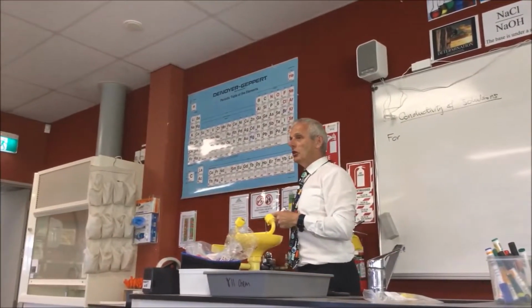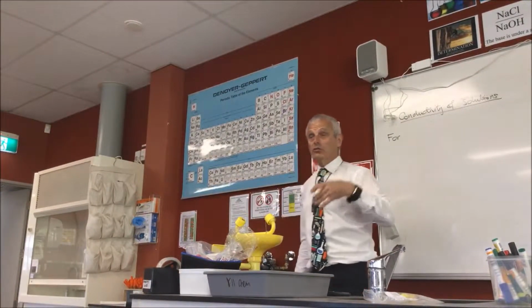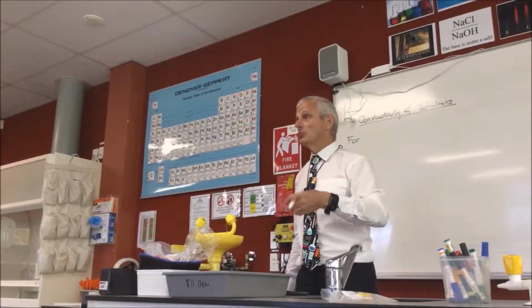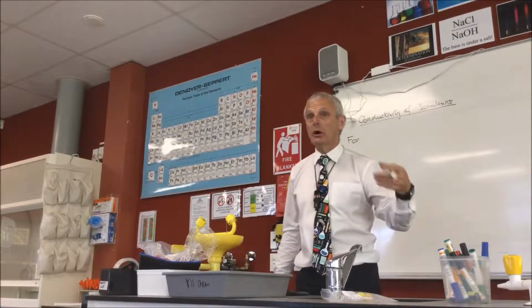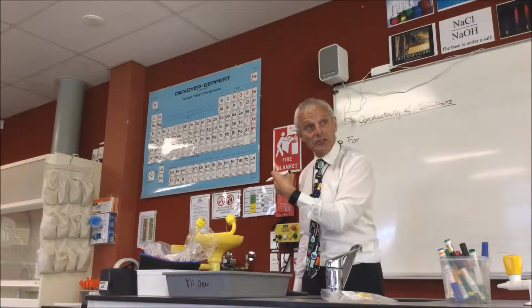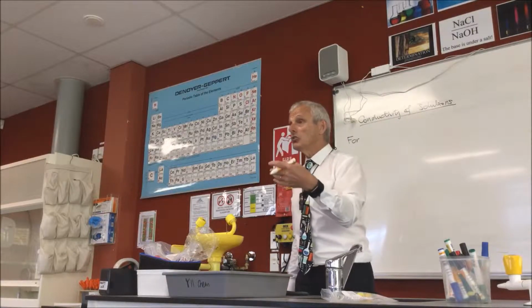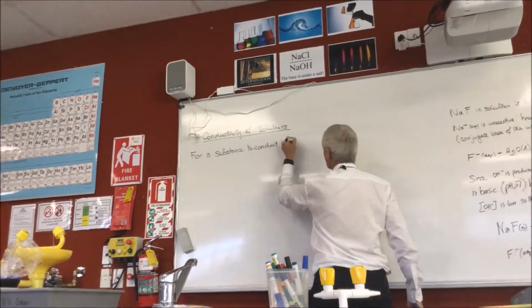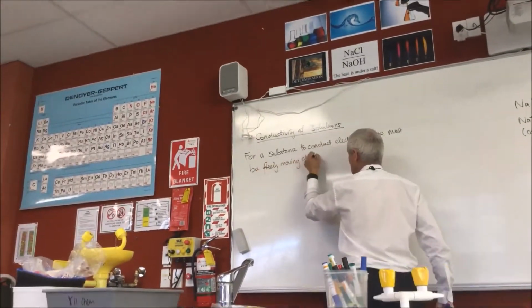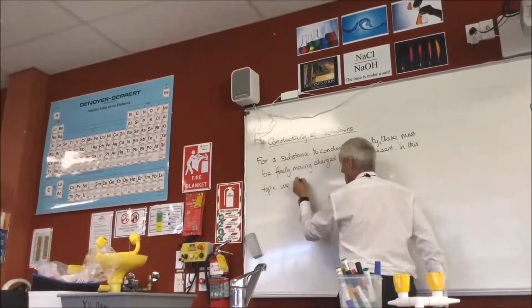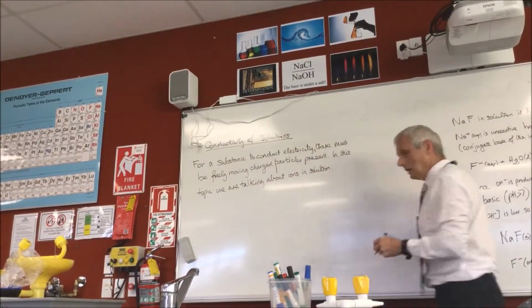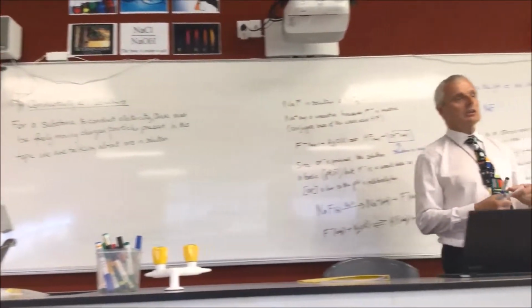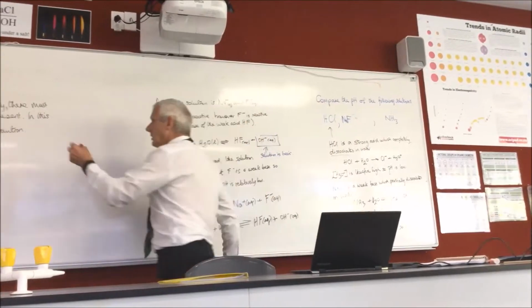If there's a question on conductivity, say, for something to conduct electricity, there must be freely moving charged particles, in this case, ions in solution. So it's all about the ions in solution.